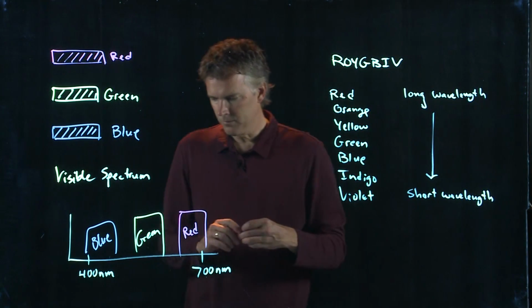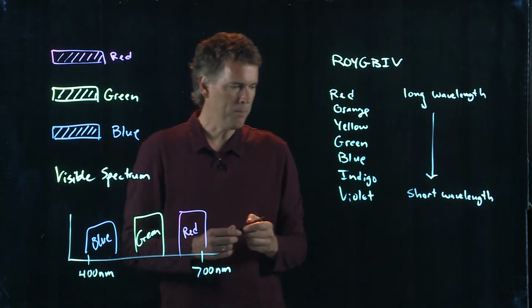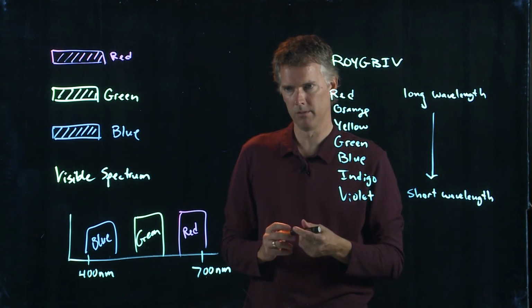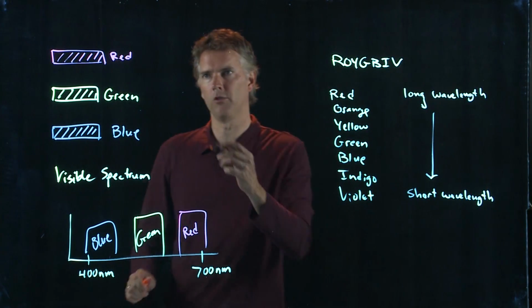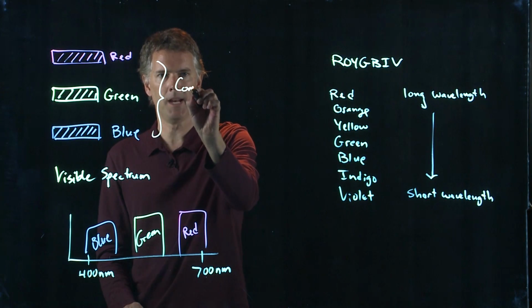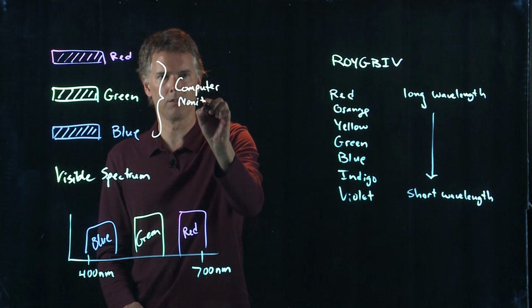So when you think about putting colors together, we picked red, green, and blue for a particular reason. And the reason that we picked those is because your computer monitor is made up of red, green, and blue dots.